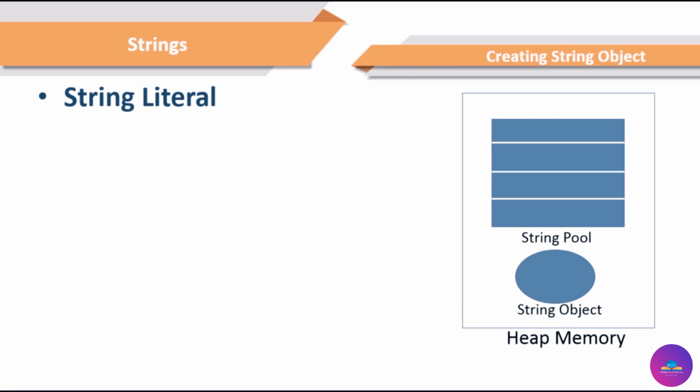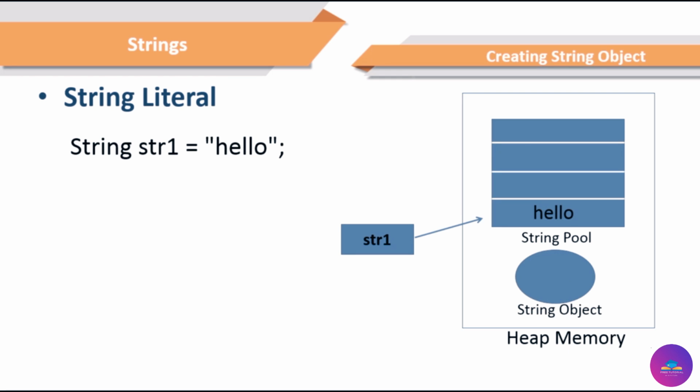So now let's try to understand how objects are created by using string literals and string objects by looking at our examples in this slide. The first line, String str1 equals "hello". Here, a string object is created only in the string pool, as you see in the diagram, and str1 is the reference that refers to it.